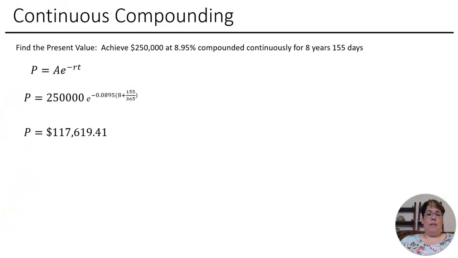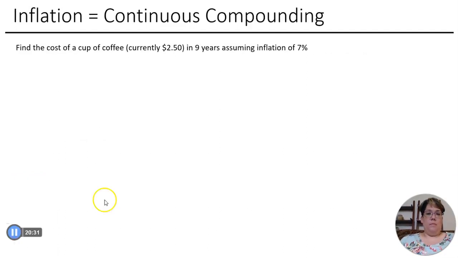All right, I have one more example, I think. You have several examples in your problems about inflation. Most of these problems, you can assume if it says inflation, they're wanting you to do the future value using continuous compounding. So you would use the future value formula, continuous compounding.